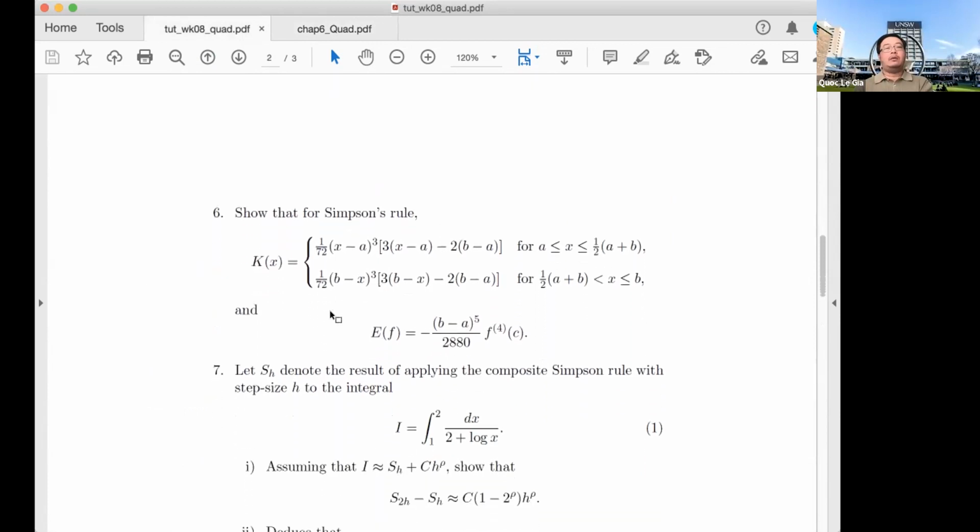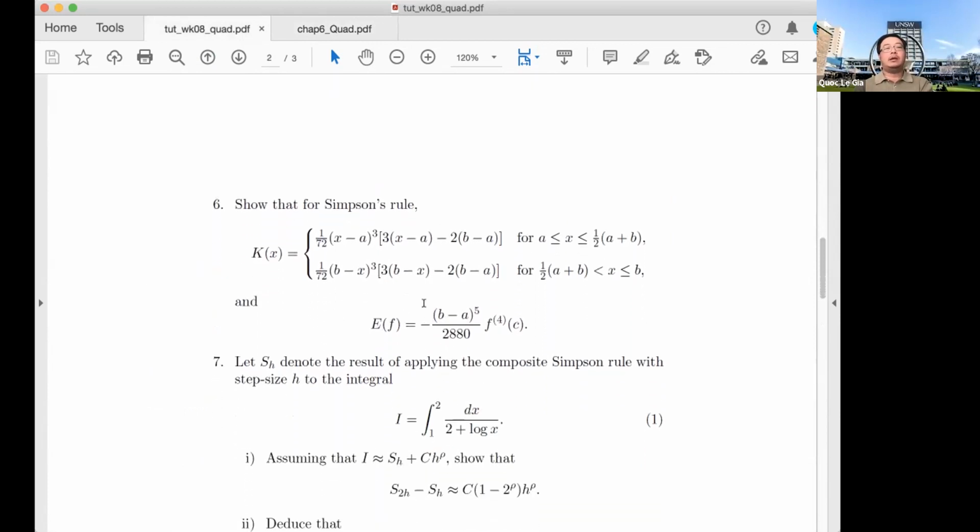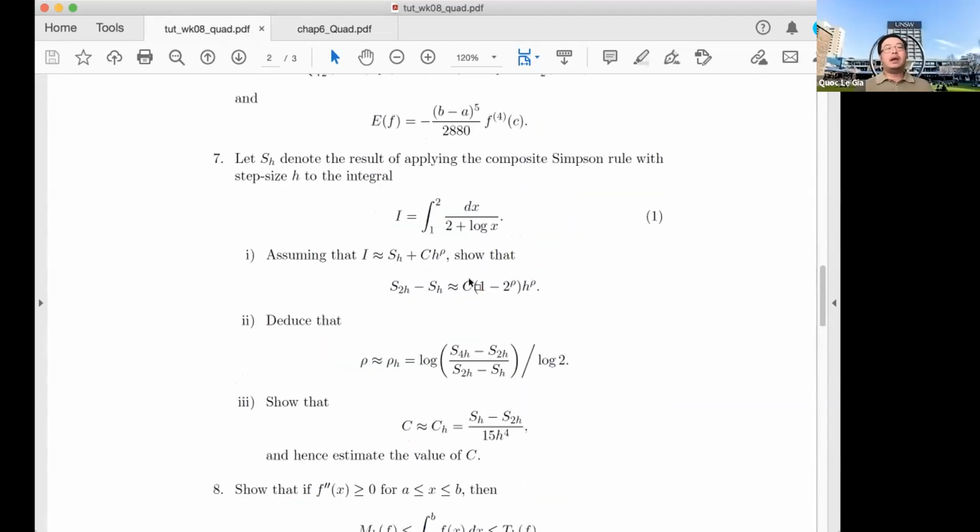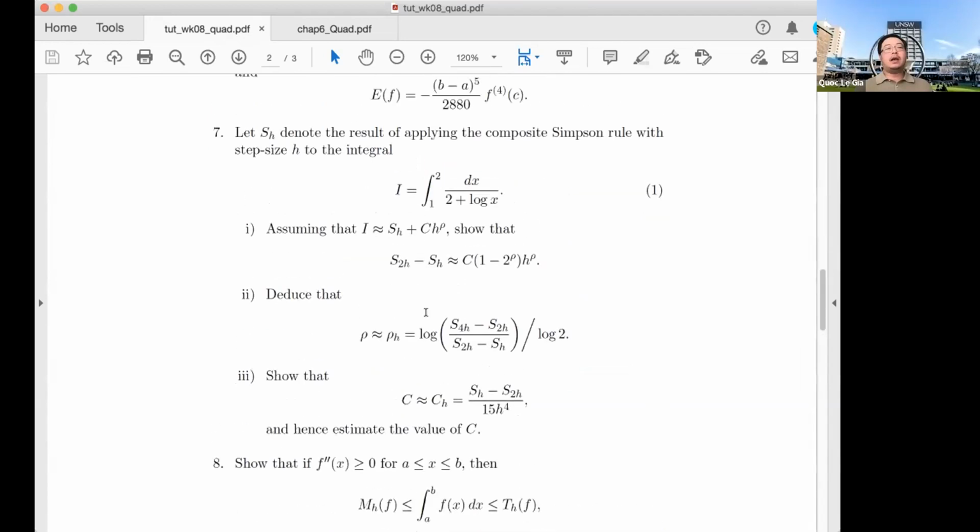And now, this one is the error. The error is the integral of K(t) times the fourth derivative of the function f. Okay, and now this formula again.